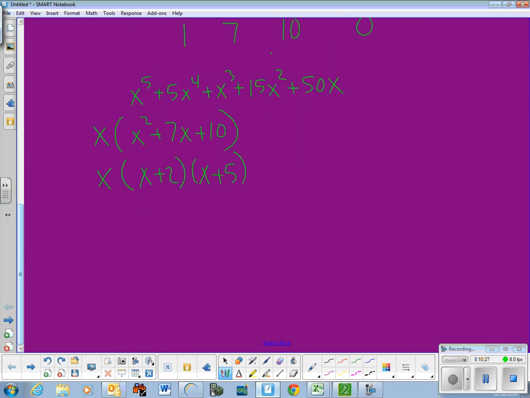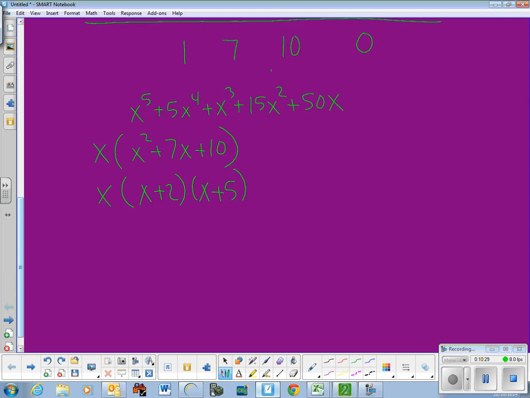If 1 plus 2i is a 0, then x minus (1 plus 2i) is a factor. The other conjugate, x minus (1 minus 2i), is also a factor. So technically this is in factored form. However, I don't want to leave it like this. That's not really pleasing to the eye. So let's clean this up a little bit.